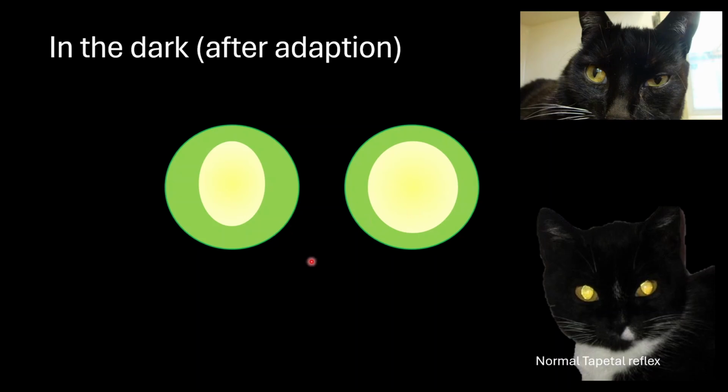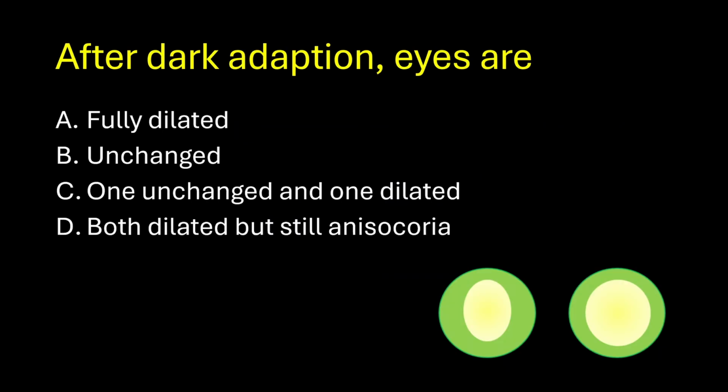We can see in this that the right side is still constricted compared to the left. So how do we describe this? So basically both of the pupils have dilated, but there is still anisocoria. One of them has not achieved the full dilation.